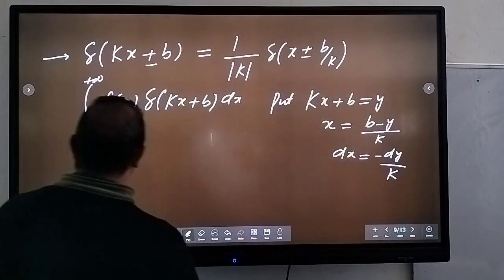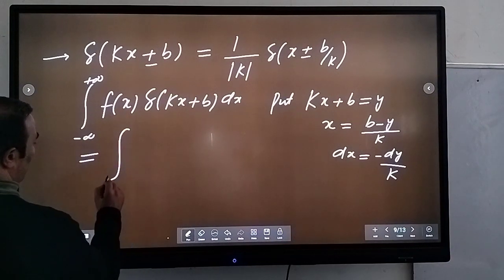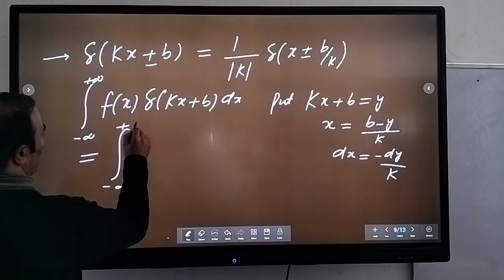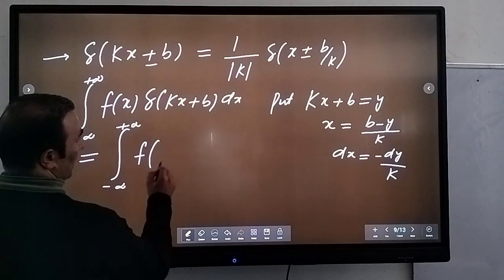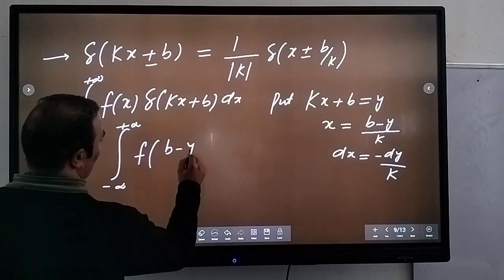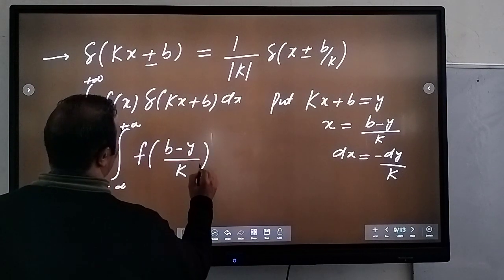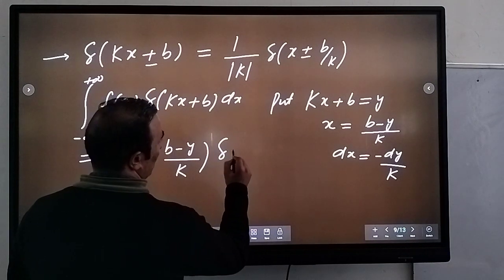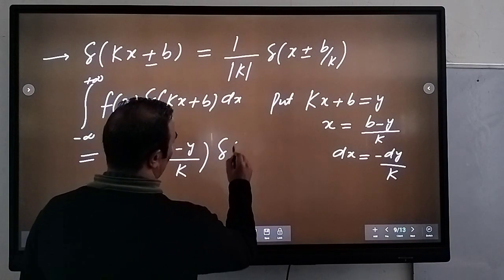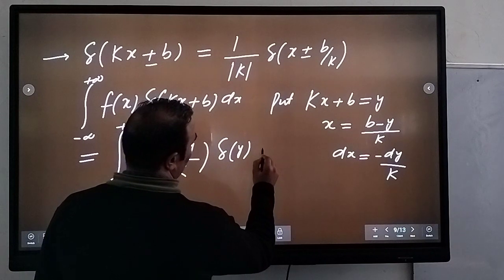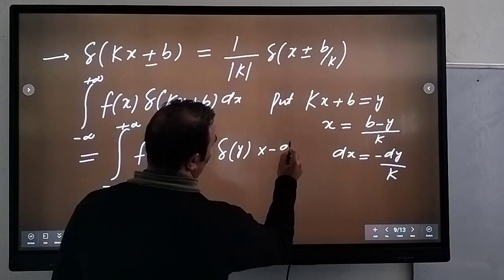So our integral will be from minus infinity to plus infinity of f of (y minus b) by k, delta of y, and dx equal to dy by k.